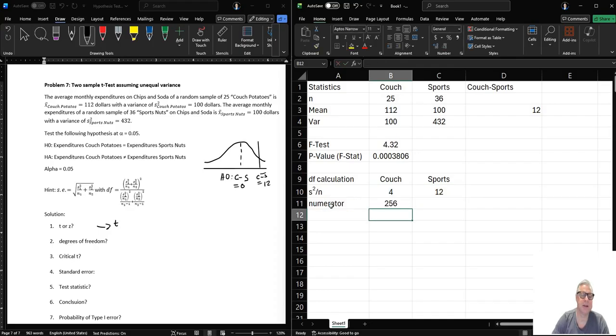So now in the numerator we have a value of 256. Now I focus on the denominator. I mean, you can write it in 1, but then you're more likely to make a mistake.